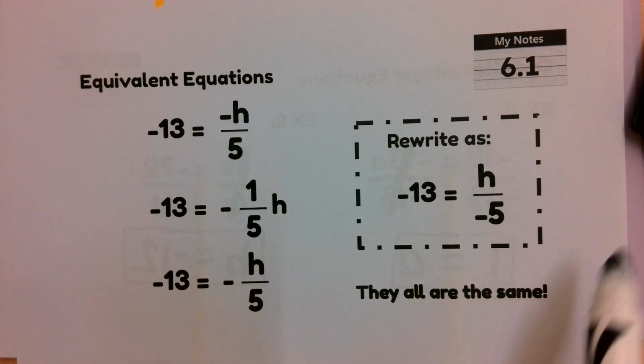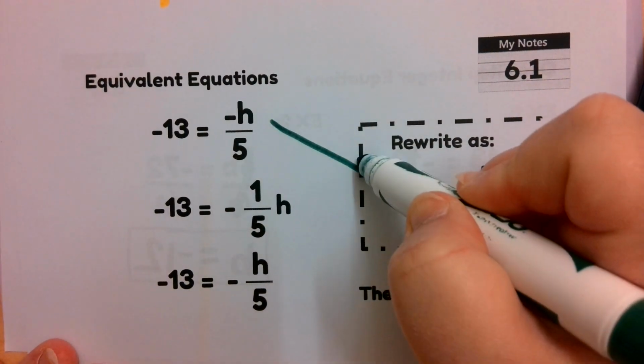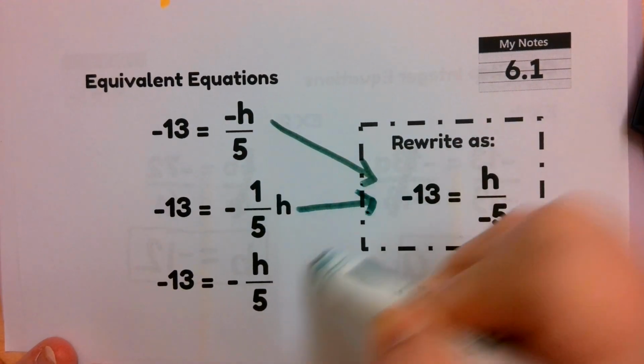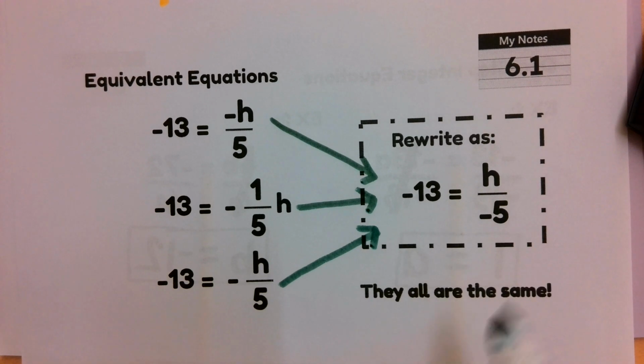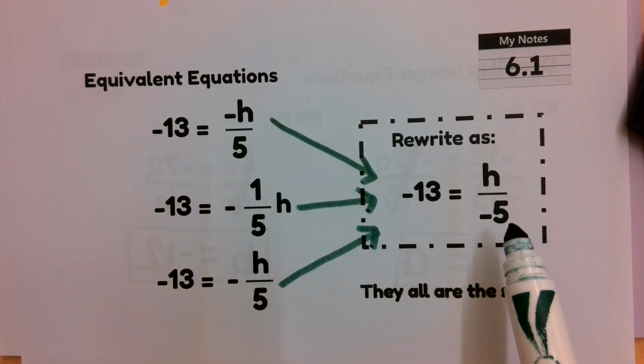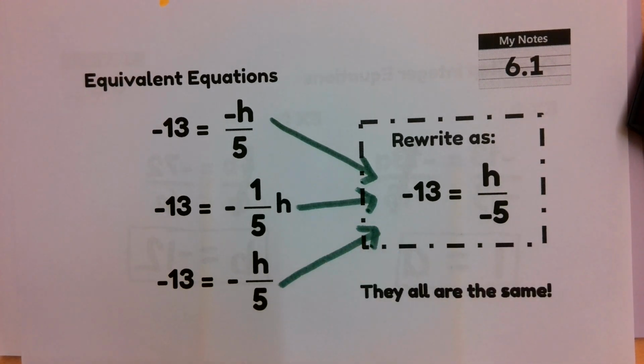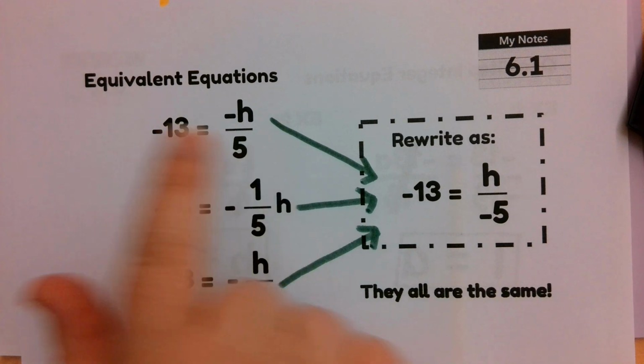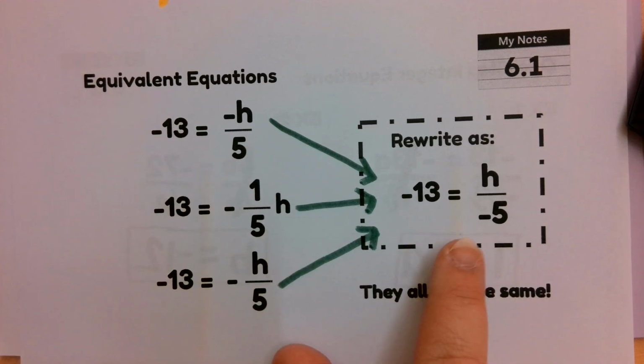So these are all the same. The best way to rewrite these is h divided by negative 5 equals negative 13. Because they're all the same, we're going to rewrite it like this.